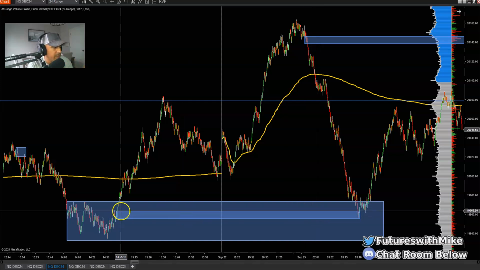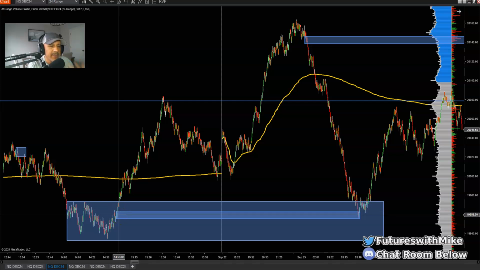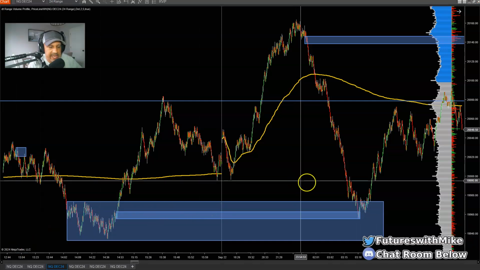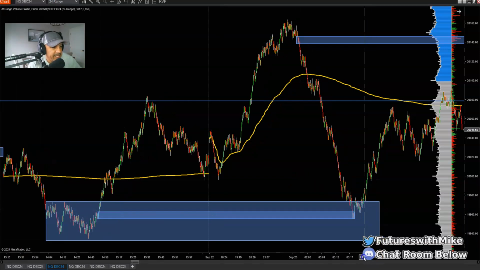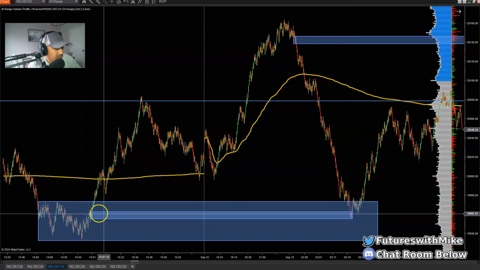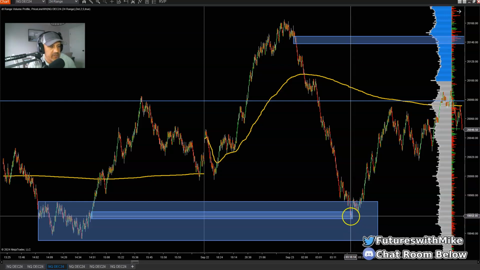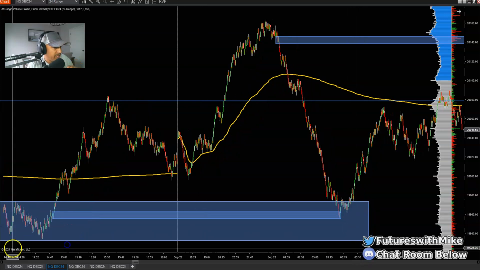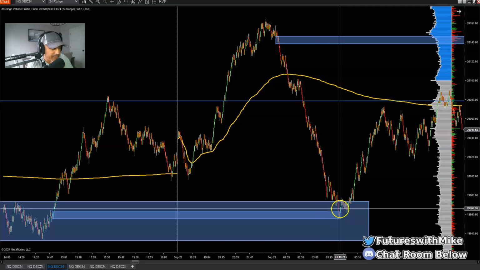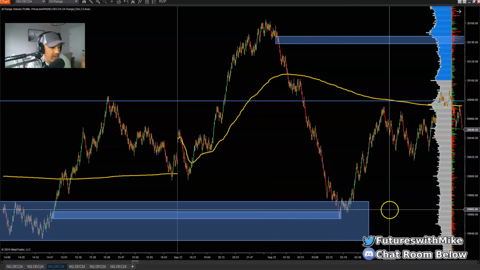Not all times will there be a smaller unmitigated zone on the 24 range chart on the inside of the 120 where there is a zone that has no gap. Sometimes there will be, sometimes there won't, and in cases like that, what I would do is, let's say there's not a smaller zone on the inside of the larger zone, then I'll wait to see if I can get a structure break on the 24 range after it tapped into the 120 range at that large box.